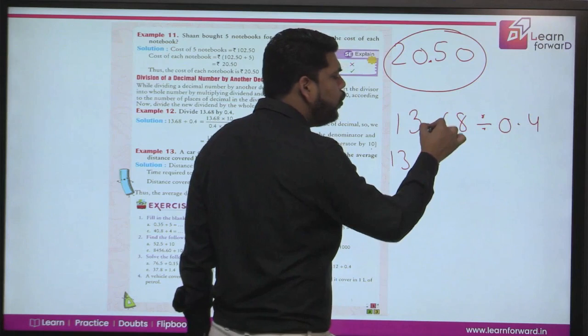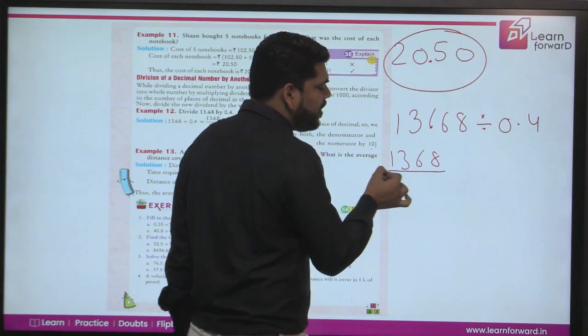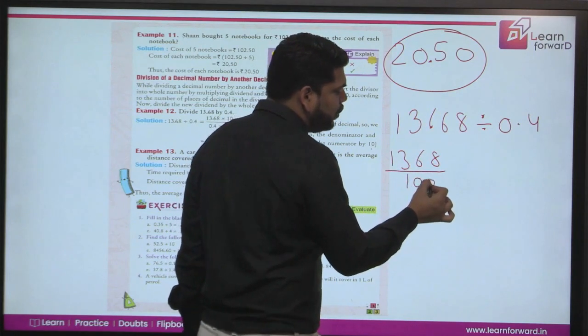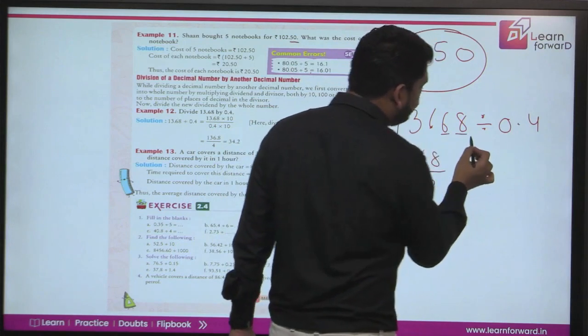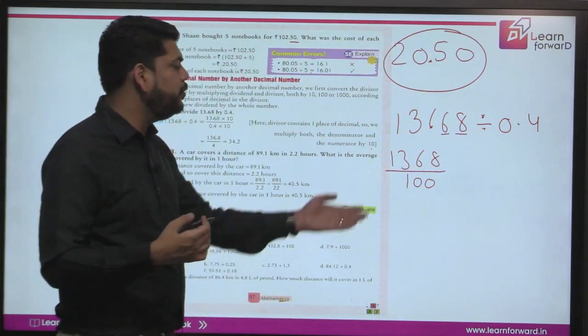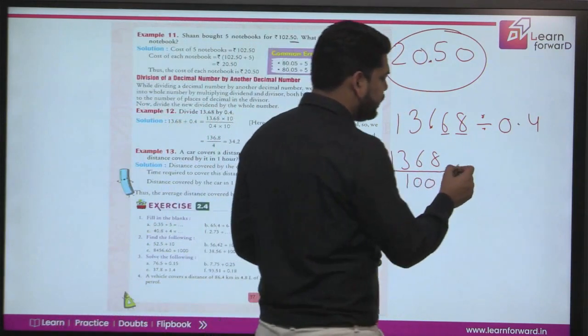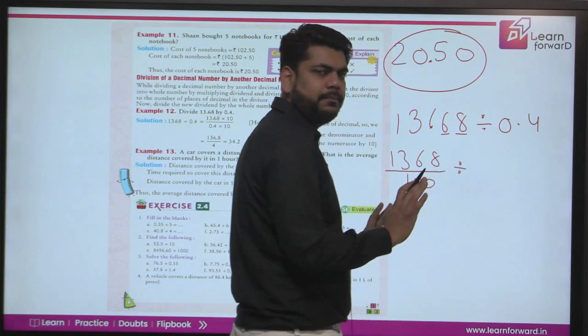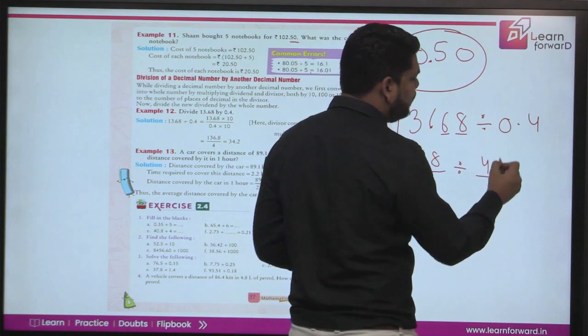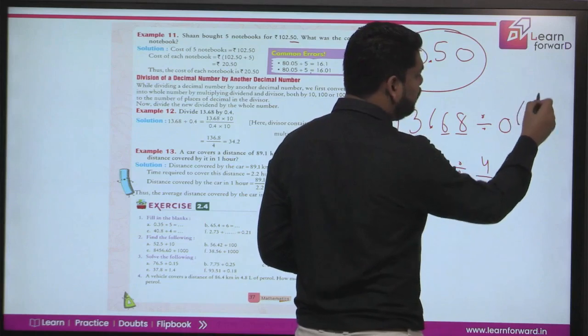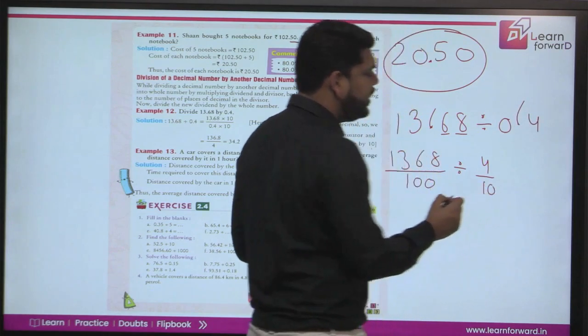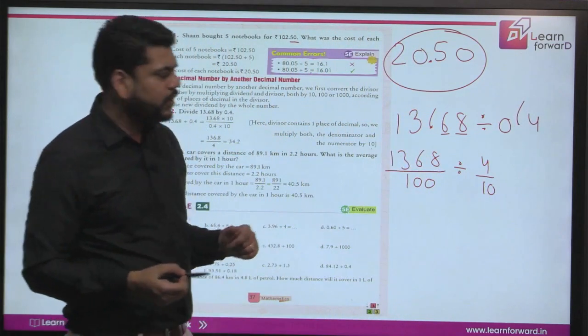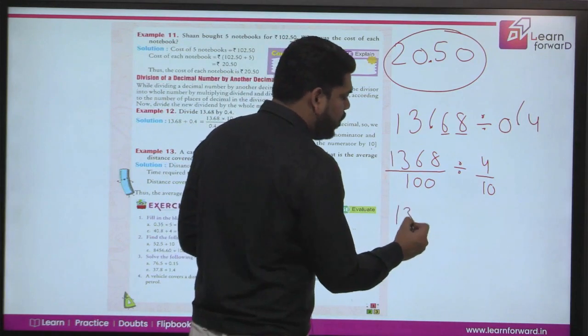When you remove the decimal, you divide it by 100, since there are 2 zeros after the decimal. This divide will remain same, and we can write 0.4 as, when we remove this decimal, 10 will be there in the denominator. Now we have already done this.